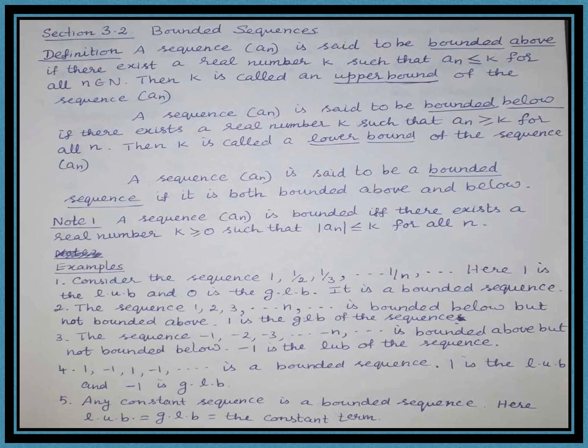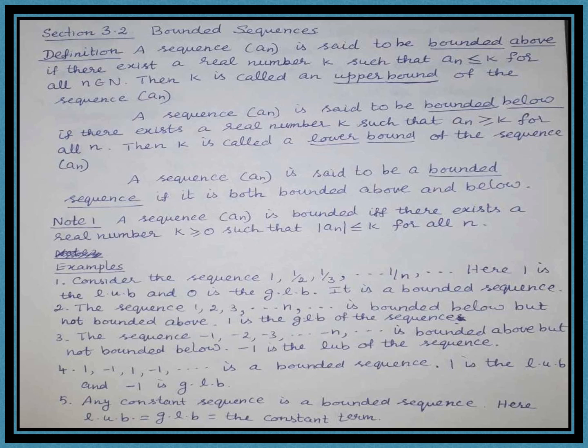So if we can find two real numbers such that one real number is more than the terms of the sequence and another real number is smaller than the terms of the sequence, we will say the sequence is a bounded sequence.